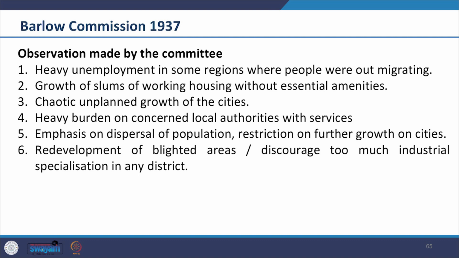Likewise, emphasis on the dispersal of population was also laid, a restriction on further growth of cities, redevelopment of blighted areas. We also remember the term blighted which came in. It also discouraged too much industrial specialization in any district, and there was instruction for guidance of new industrial development to areas suffering from unemployment.